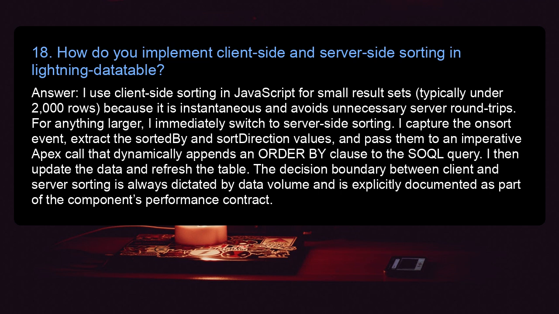I capture the onsort event, extract the sortedBy and sortDirection values, and pass them to an imperative Apex call that dynamically appends an ORDER BY clause to the SOQL query. I then update the data and refresh the table. The decision boundary between client and server sorting is always dictated by data volume and is explicitly documented as part of the component's performance contract.